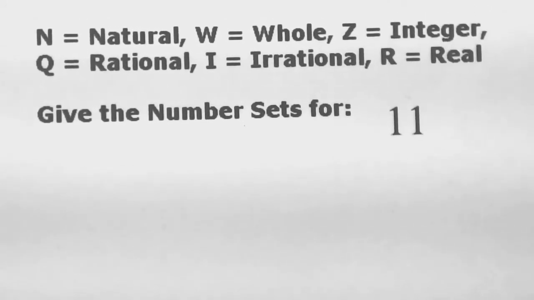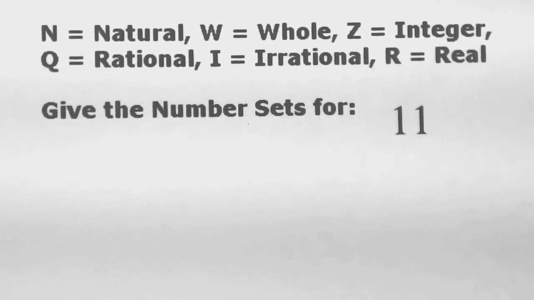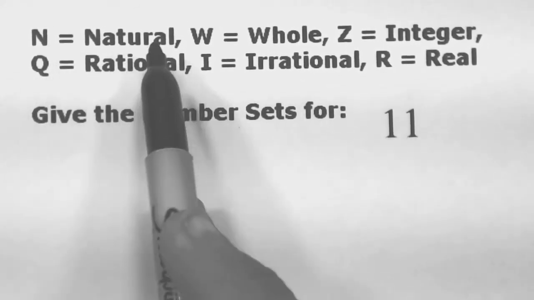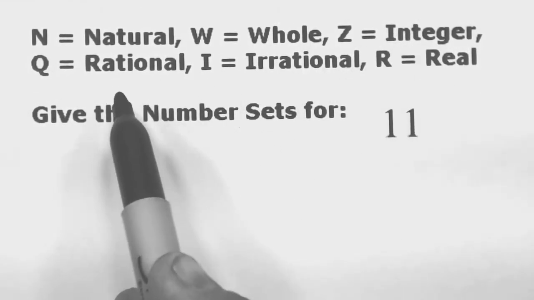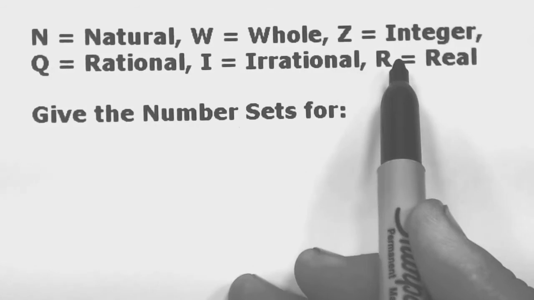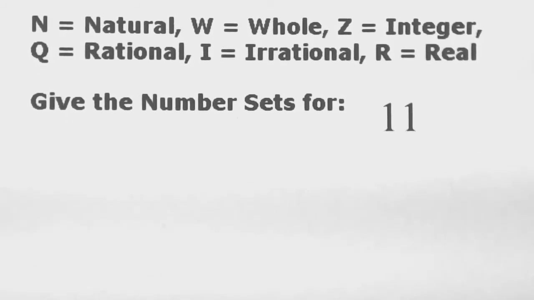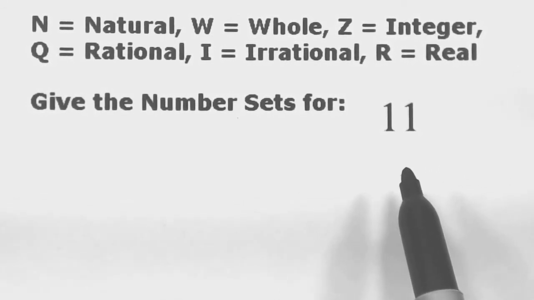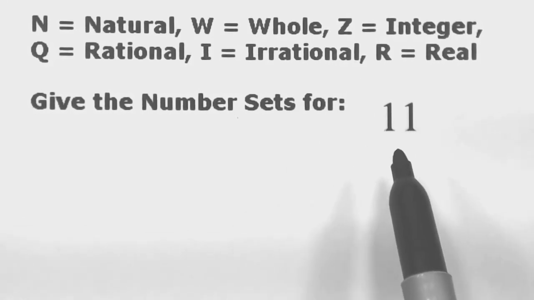Now, folks often use letters to represent the different types of numbers: N for natural, W for whole, Z for integer, Q for rational, I for irrational, and of course R for all the reals. Well, what we're going to do is take a look at examples and talk about which ones of these sets or groups they belong to.